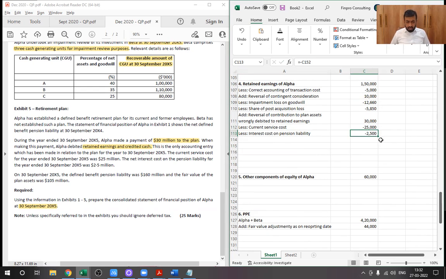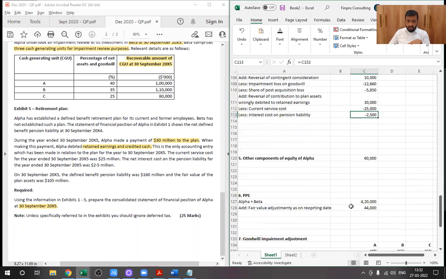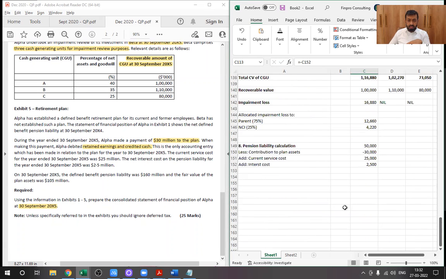Now, last few things. They have said that on 30th September 20x5, the defined benefit pension liability was $160 million. So this was the liability, and assets were 105. So I have a closing balance of this pension liability. I can check what this amount is.